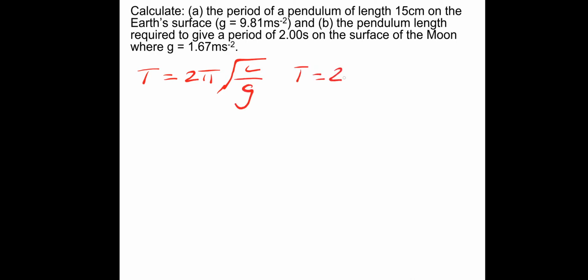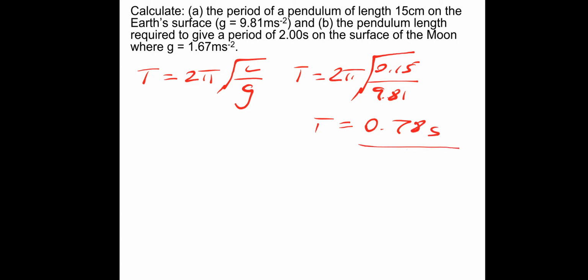So let's put some numbers in: 2 pi multiplied by the square root of 0.15 meters divided by 9.81. Calculate that, gives a time period of 0.78 seconds. Could put 0.8 seconds if you wish, to one significant figure.